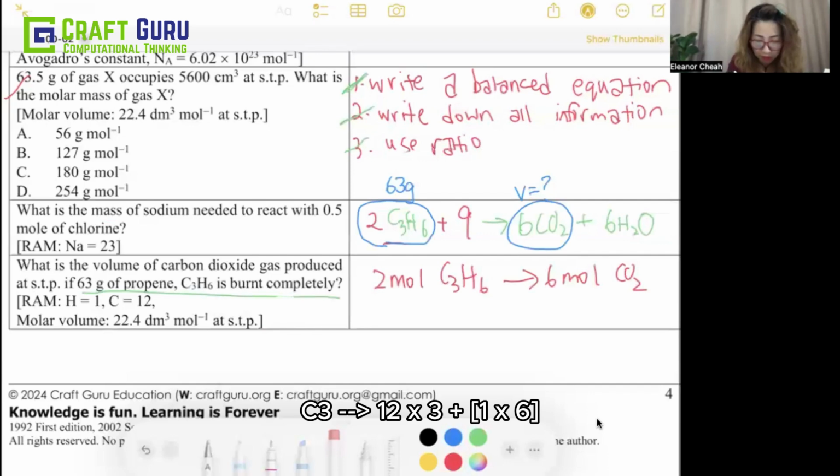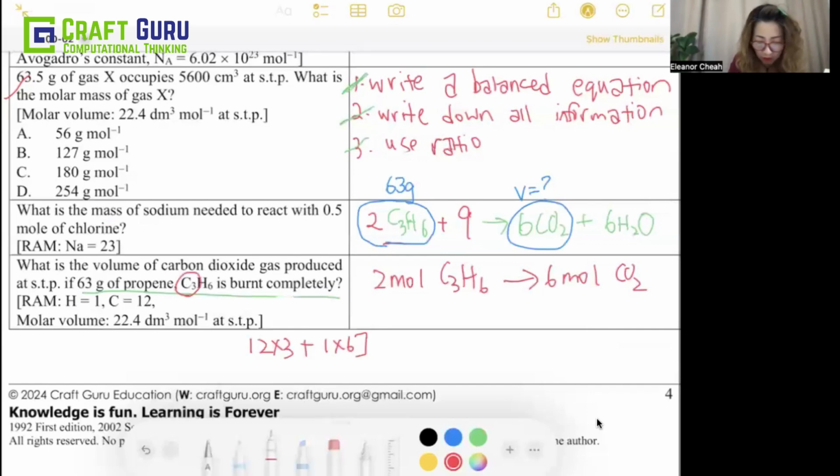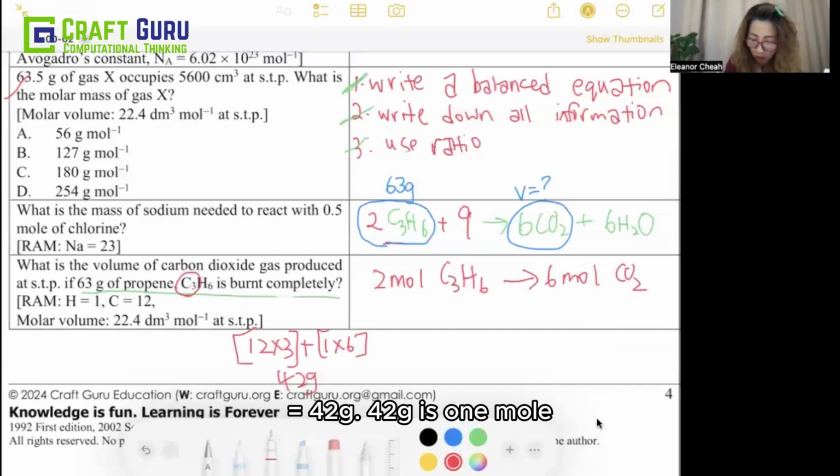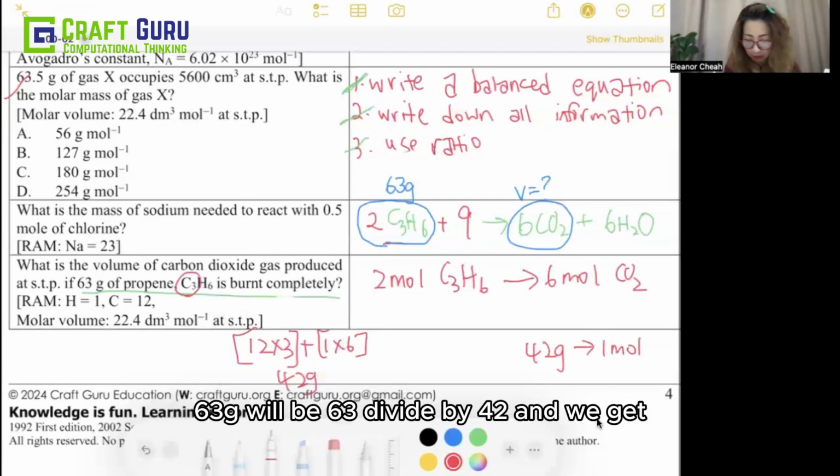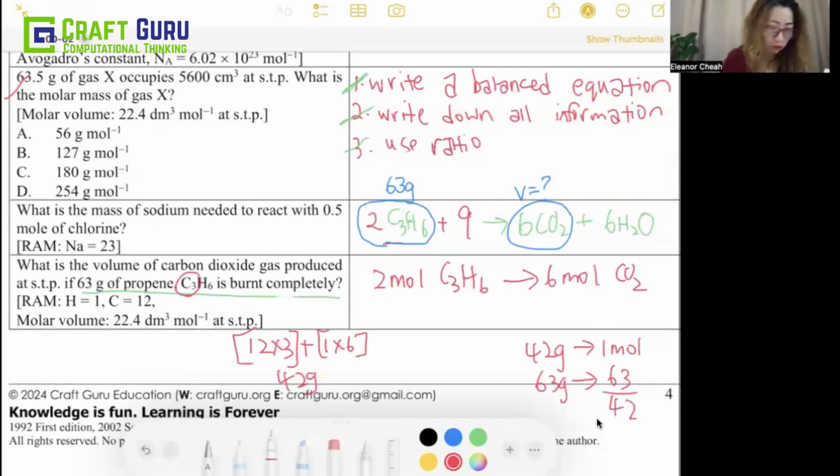1 mole of propene is, okay, C3, 12 times 3 plus 1 times 6, 42 gram. All right, so 42 gram is 1 mole. 63 gram will be 63 divided by 42, and we get 1.5 mole.